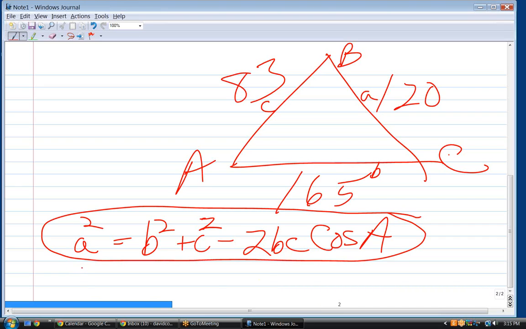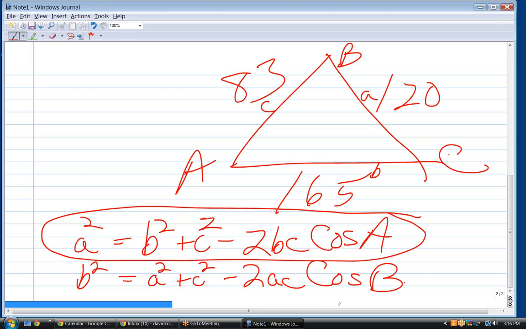Actually three of them. I can also say B squared equals A squared plus C squared minus 2AC cosine of B. You see the pattern?